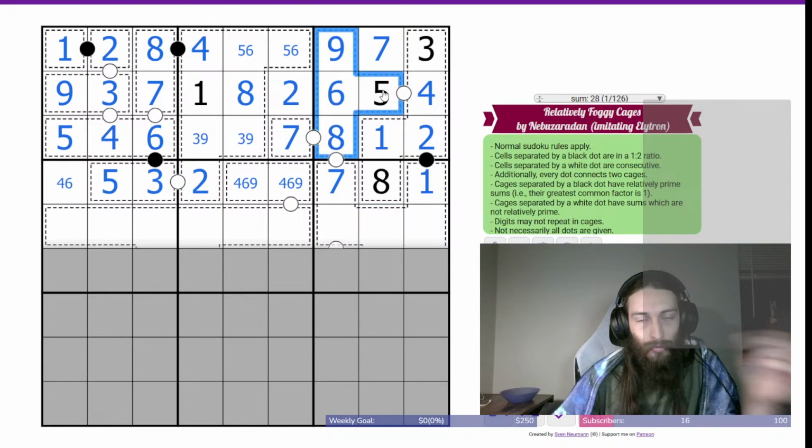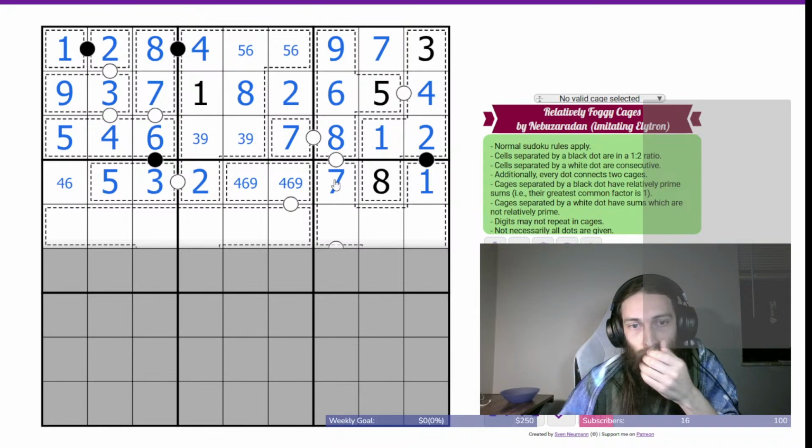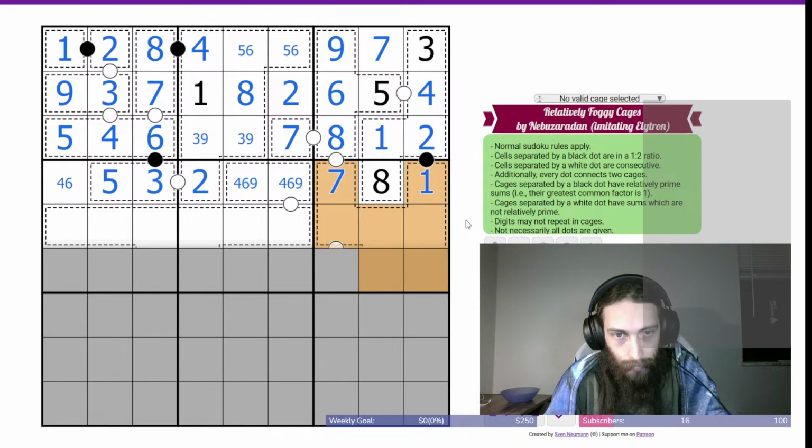Now 28 is 4 and 7. So this is a multiple of 4 or 7. And it has to be at least that much.